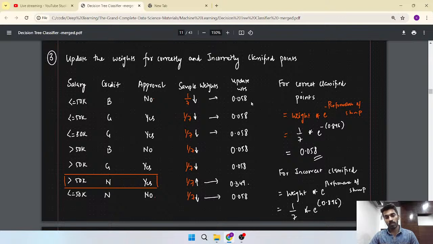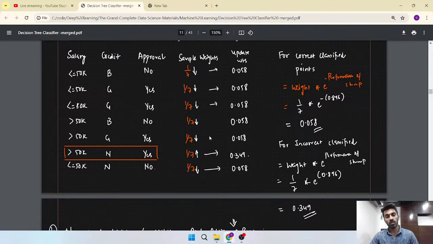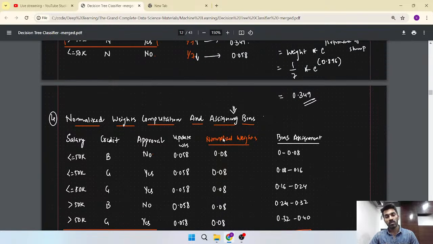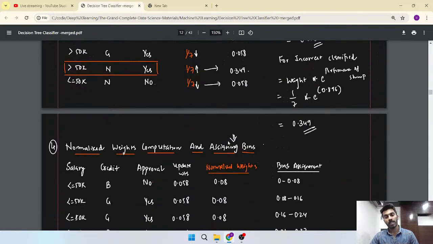Basically we take 1/7, 1/7, 1/7, and you will get some answer. This was given arbitrarily, but we have to give some equal weightage. So in the second time we will normalize these weights.